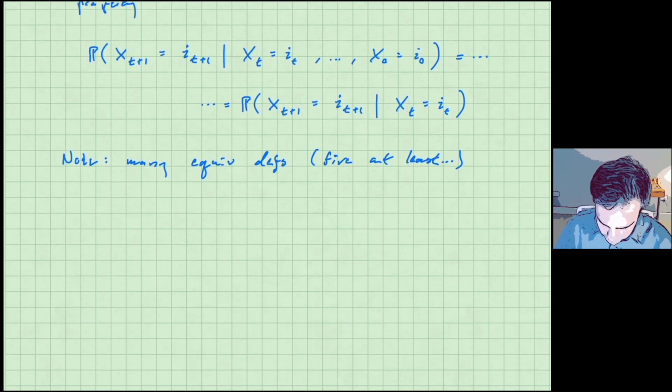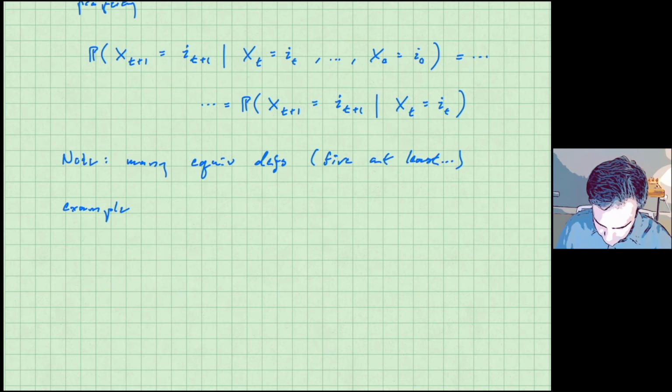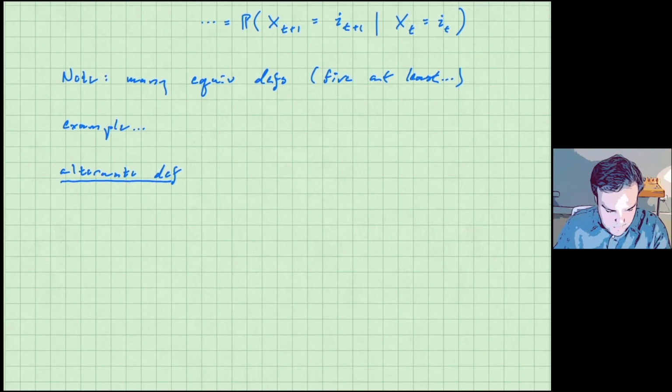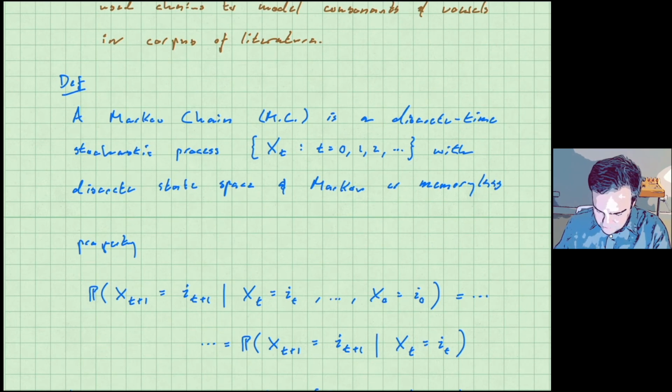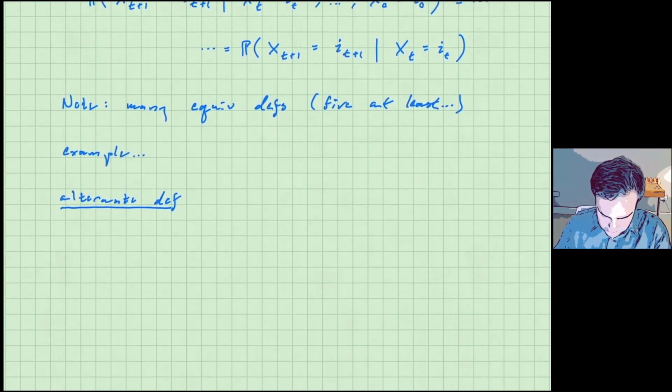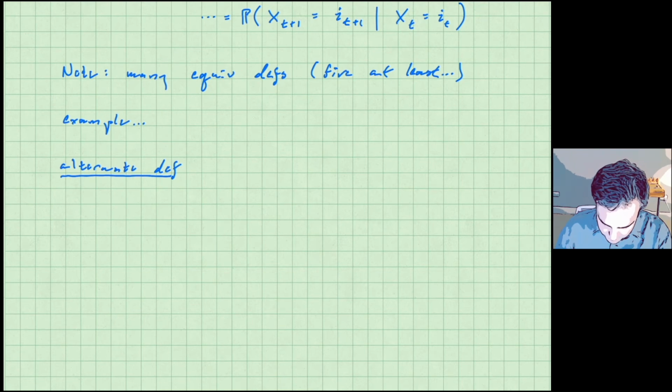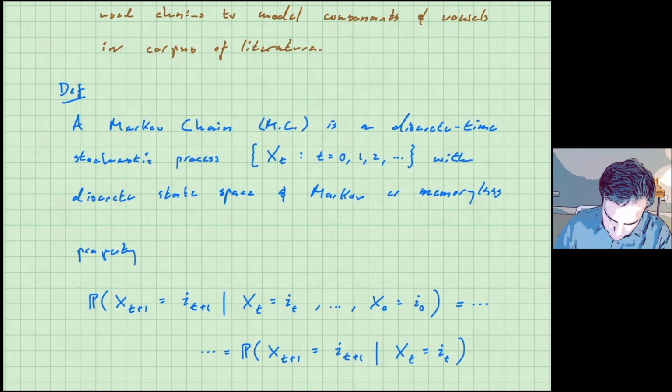So here's an example alternative definition for Markov chain. Now the beginning part is all the same. All this stuff about stochastic process, discrete state space, and so on. So I'm going to say it's all that same stuff, star, plus some extra information. So I'm going to label what star is.